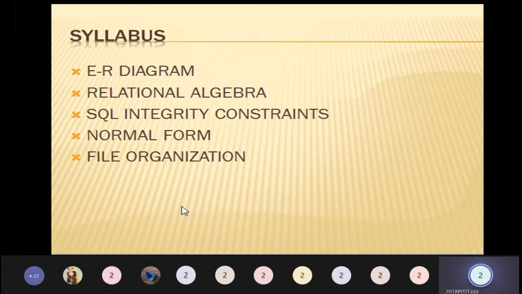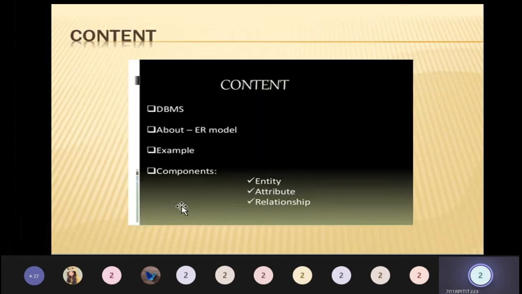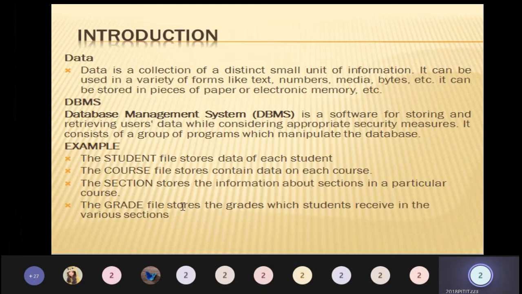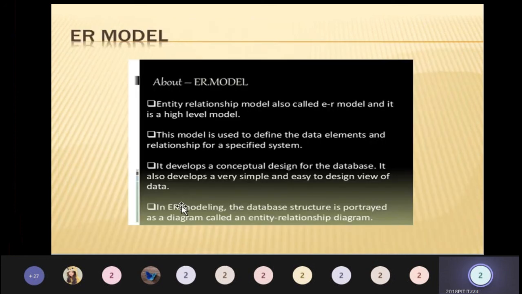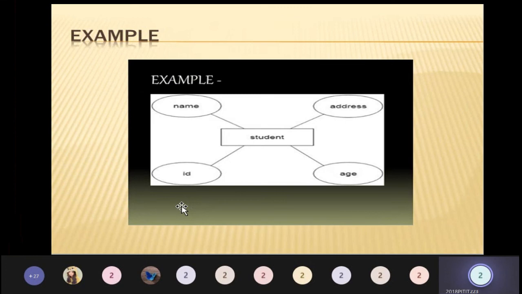Now, in this section, we have discussed only the ER diagram. That ER diagram can be divided into three sections: entity set, attributes, and the relationship. When you are drawing the ER diagram, please keep in mind that we are using three components: entity, attributes, and relationship.